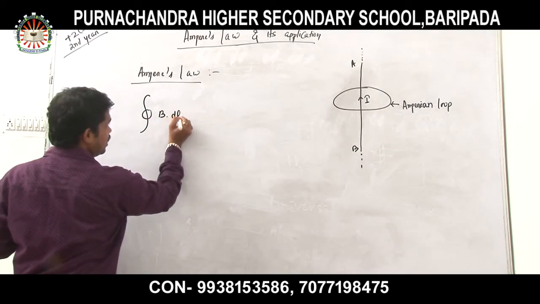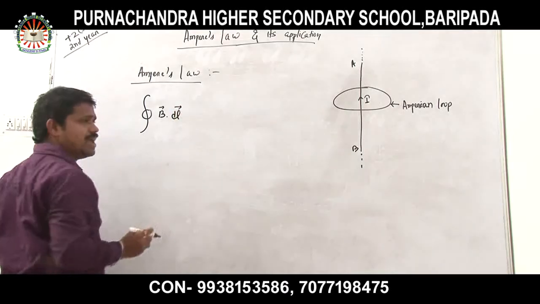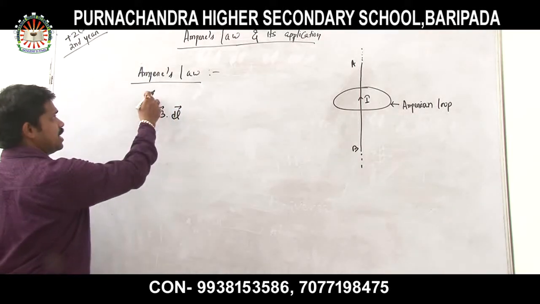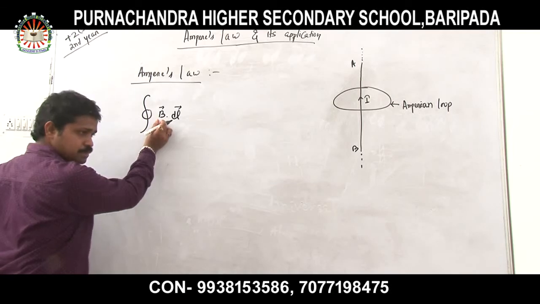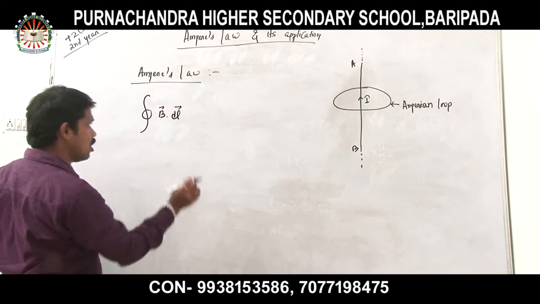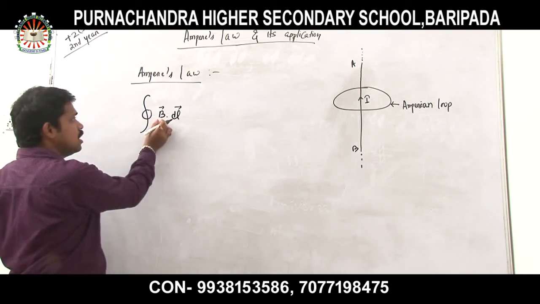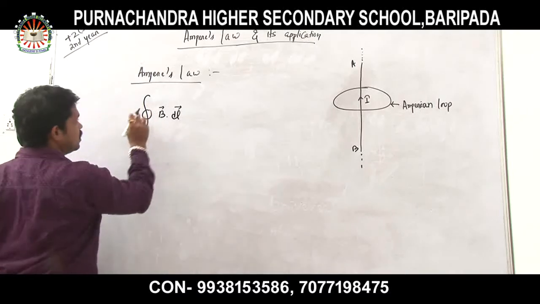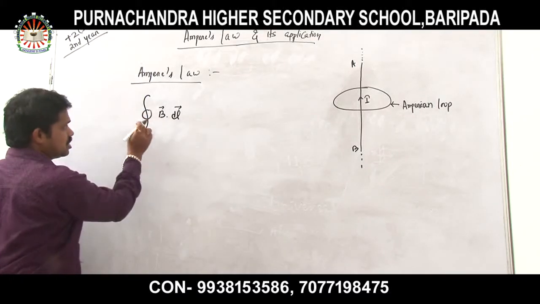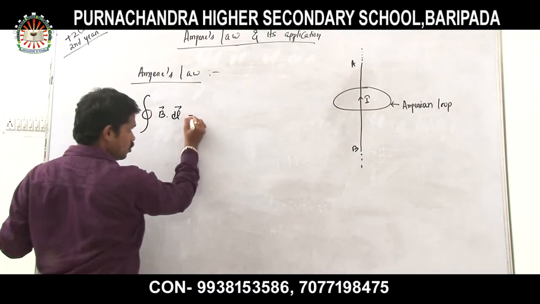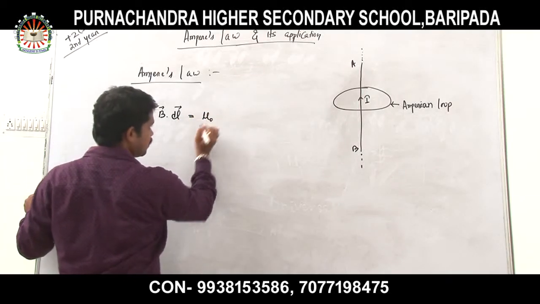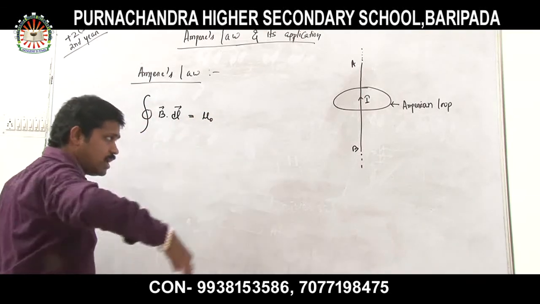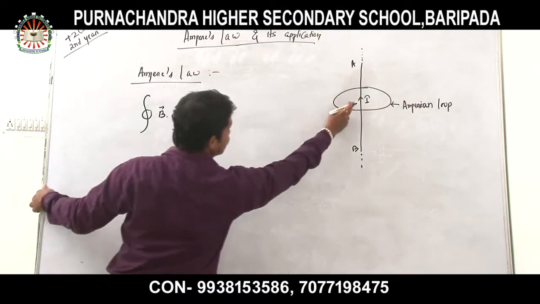That I can write as closed integral of B dot dl. So B dot dl signifies the line integral of magnetic field B over a closed loop. This is your closed loop. That closed integration is equal to mu 0 times the total current enclosed by that loop.